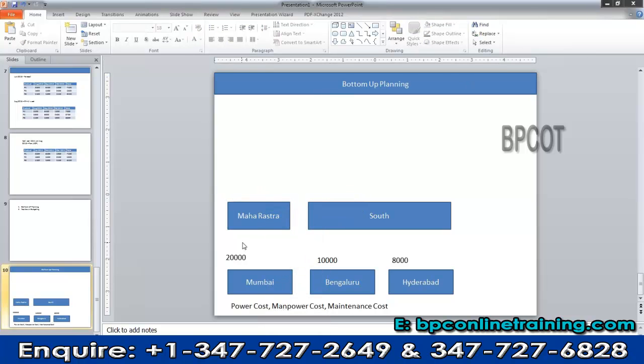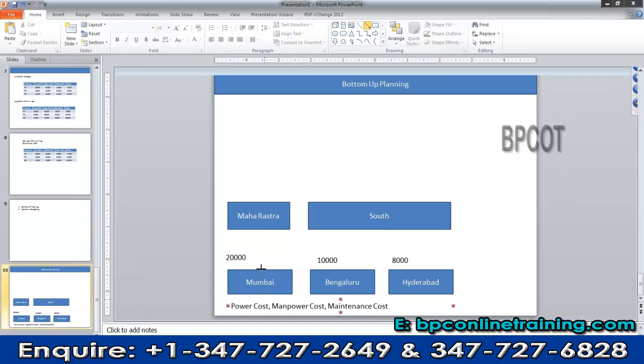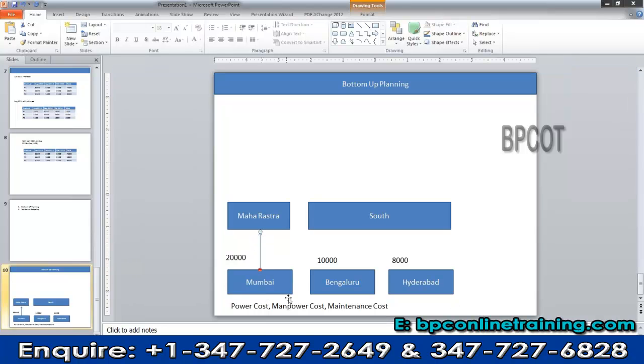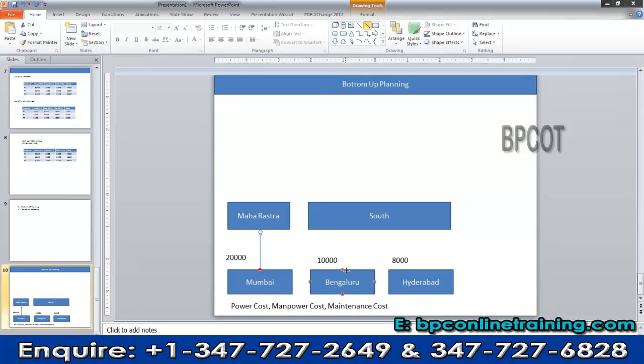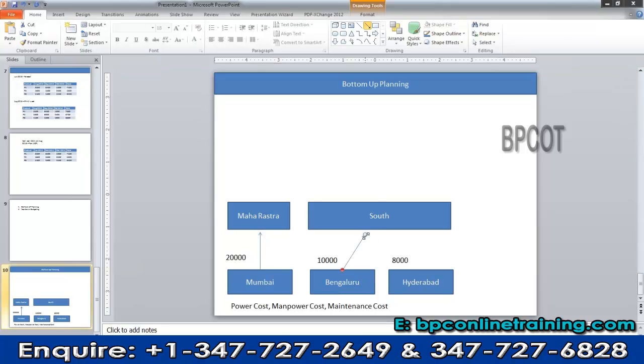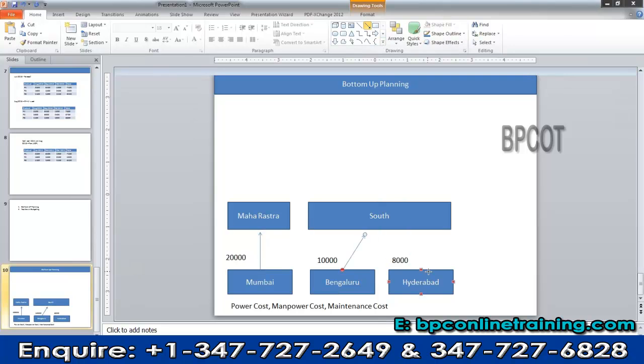Now, Mumbai, Bengaluru, Hyderabad submit their next year estimations to their circles. So Mumbai will send their bottom-level plan, that is the lowest level data they planned, to Maharashtra. Same way, Bengaluru sends the data to their circle, South circle. Hyderabad also sends data to South circle.